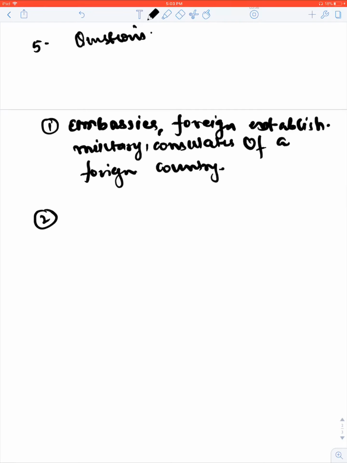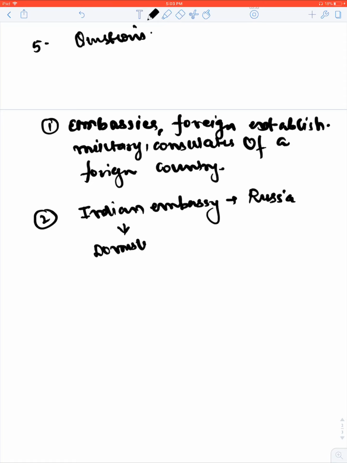Let's say the Indian embassy is located in Russia. Now you would say, ma'am, that should be a part of the domestic territory of Russia because it is located within the political borders and frontiers of Russia. No. The Indian embassy, wherever it is located in any part of the world, will belong to the domestic territory of India.